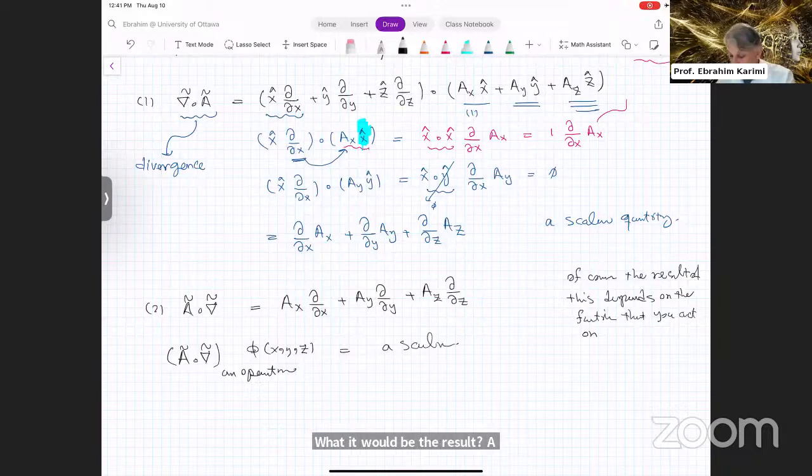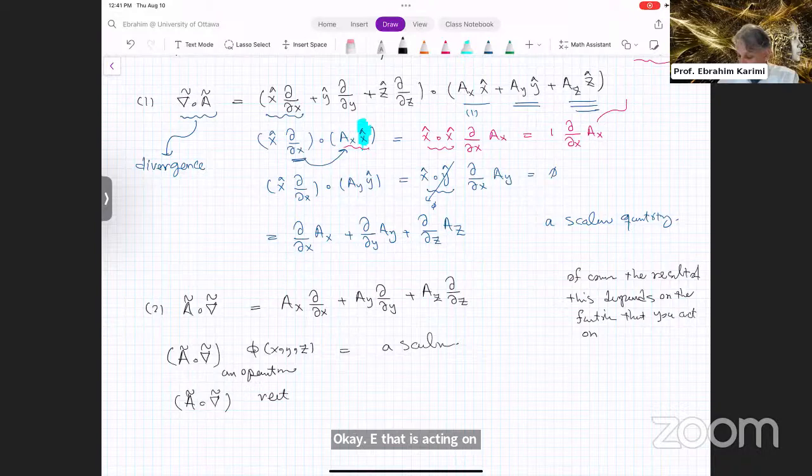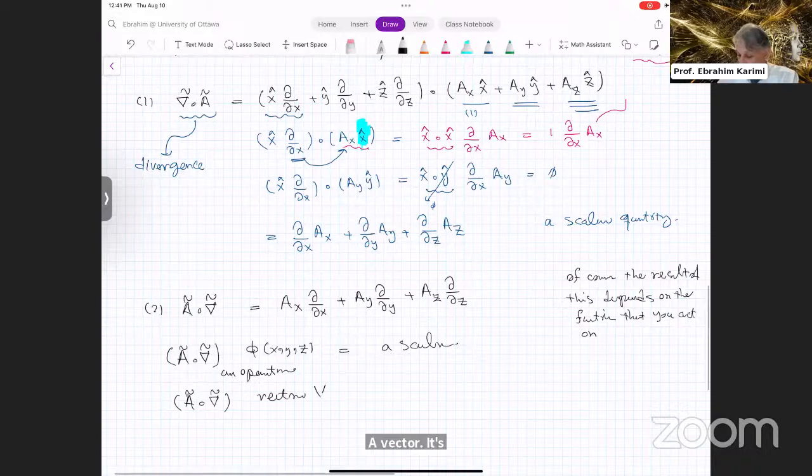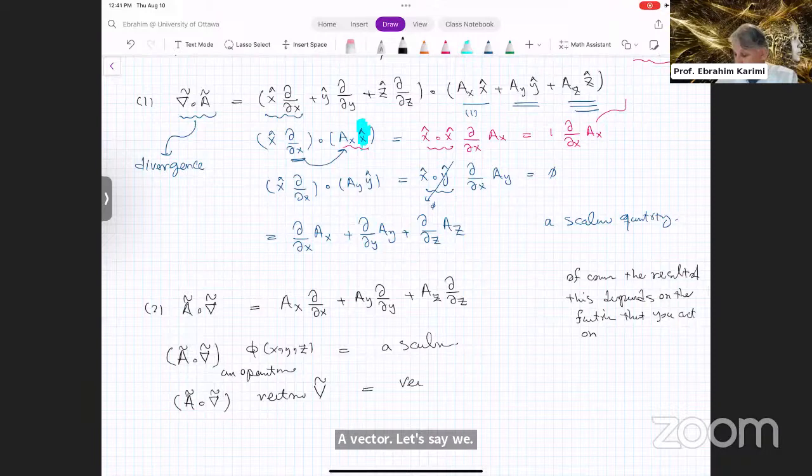Okay. If that is acting on a vector, let's say v, then the result will be a vector.